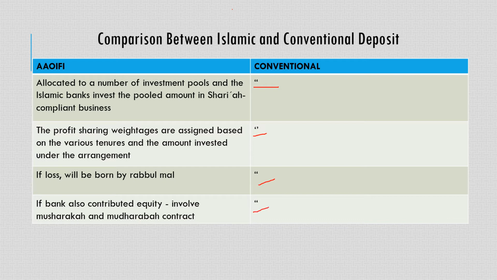Meaning, this one is the same as conventional. The difference is that this one does not follow Sharia compliance. For this one, profit sharing weightage is assigned based on various tenures and the amount invested under the arrangement. So it is the same as conventional.